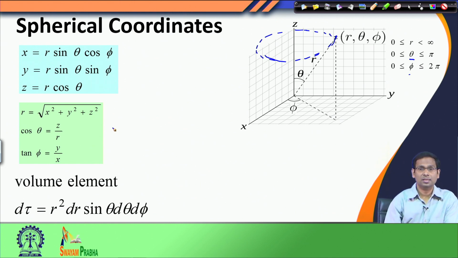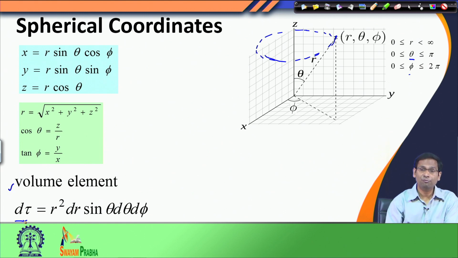One very important thing that we must keep in mind is the volume element. You remember in Cartesian space we defined our volume element d tau as dx, dy, dz. That is an infinitesimally small volume element with dx length, dy length, dz length in x, y and z directions respectively.